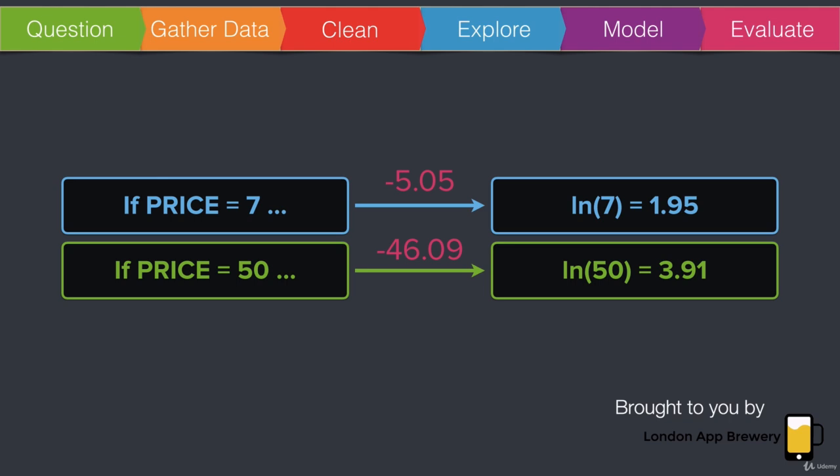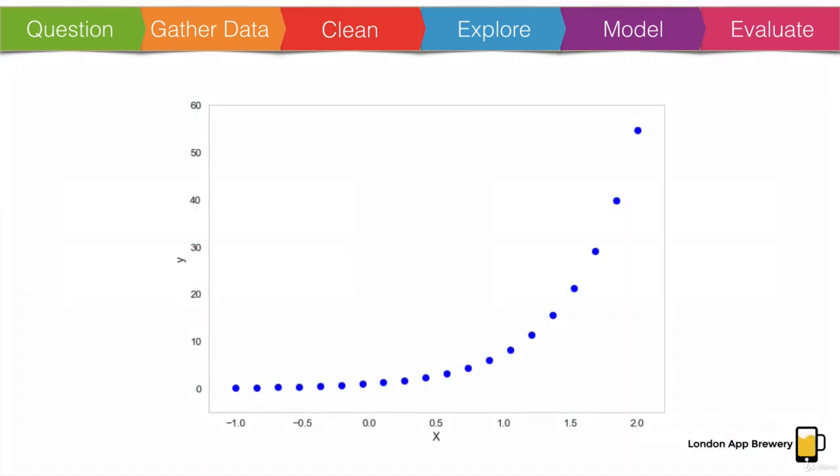Now, a very reasonable question to ask is, why does this matter? Why should you care? Well, we have to remember that what we're doing here is we're fitting a linear model to our data. So say we have some data that's distributed like this. If you were to try to fit a straight line to this data, you don't tend to get a very good fit.